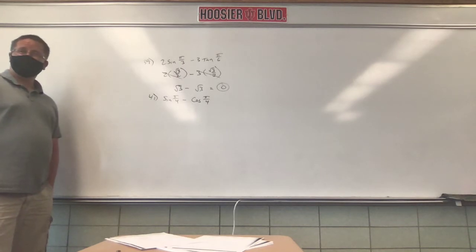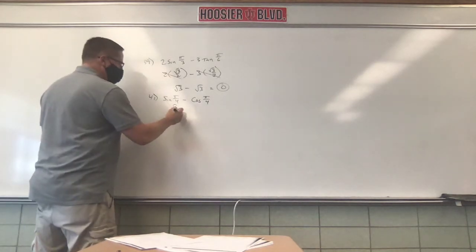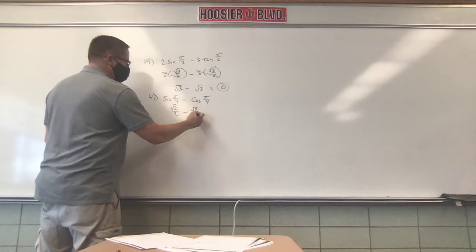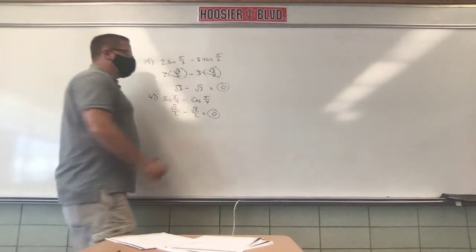I think you got it? Is it 0? It's definitely 0. What's the sine of pi over 4? Radical 2 over 2. Minus cosine of pi over 4, radical 2 over 2. You don't need a calculator for that. If you subtract something from itself, you always get 0.